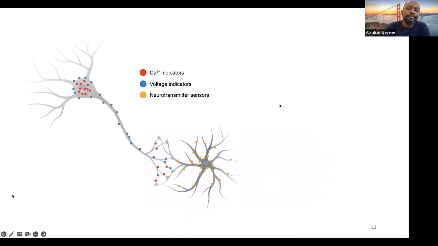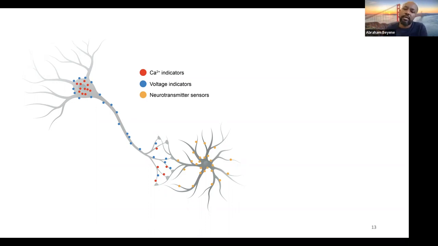Now, biosensors in neuroscience are nothing new. We have some of the most advanced and beautiful genetically encoded biosensors that are now extensively used in a lot of neuroscience labs. These are now the bread and butter as far as tools are concerned in neuroscience. And you can capture calcium activity or membrane voltage changes and even neurotransmitter sensors using these genetically encoded probes.